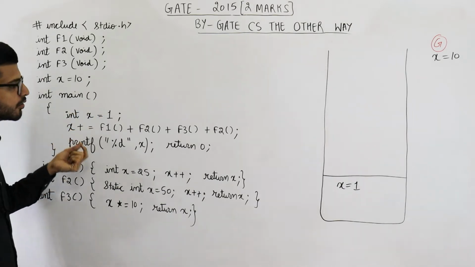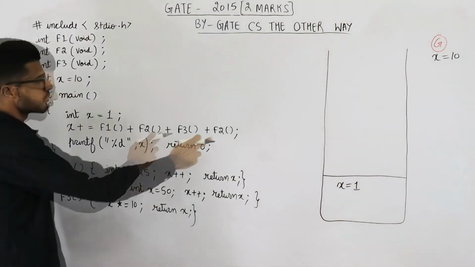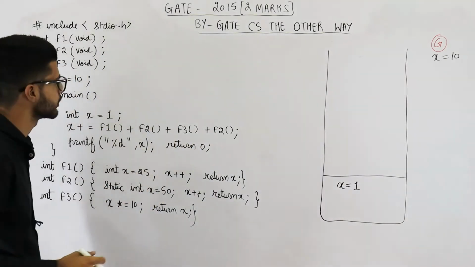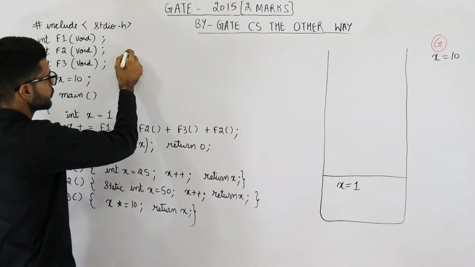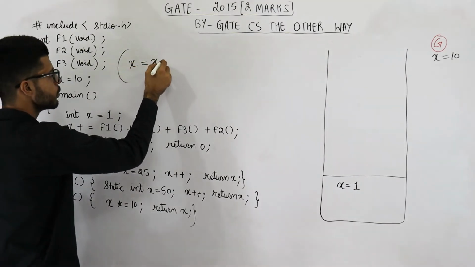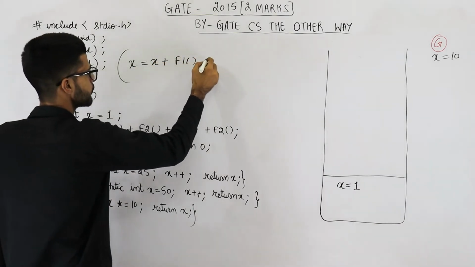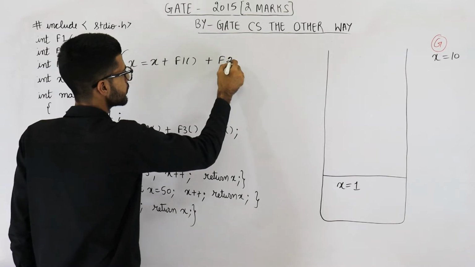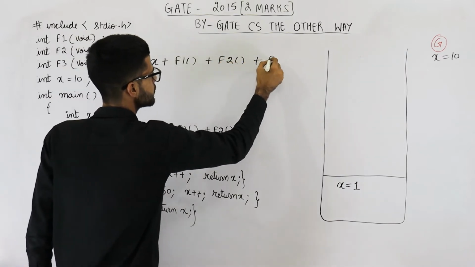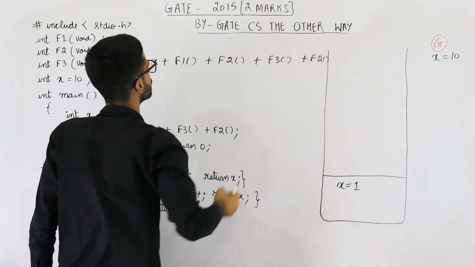In next line, we are trying to update the value of x. So this one is a complex expression. Let me just write it. So this expression says x is equal to x plus f1 plus f2 plus f3 plus f2.